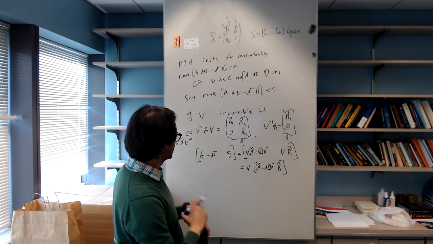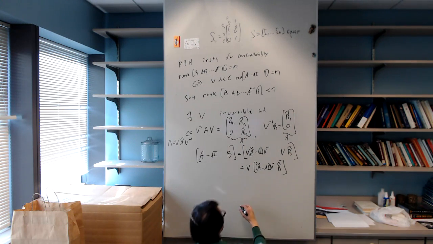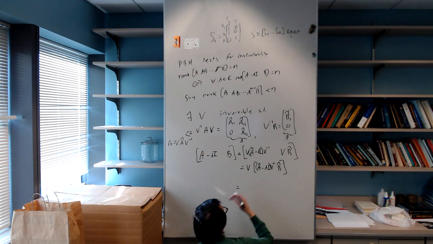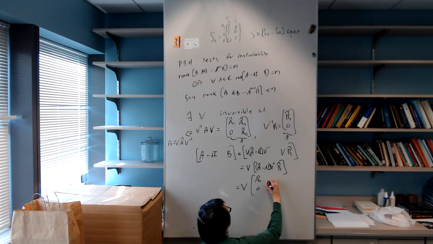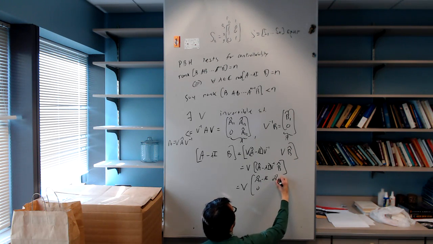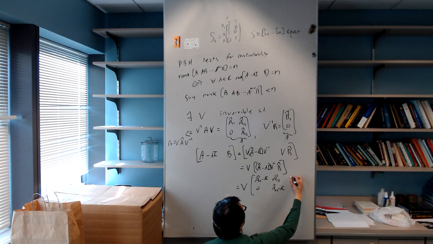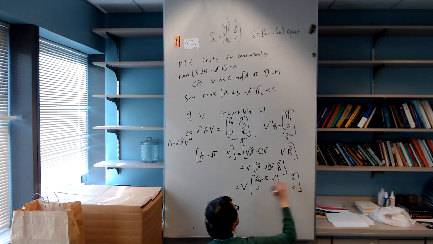Alright, now let's look at this a little bit further. A hat 1 1 minus lambda I, 0, A hat 1 2, A hat 2 2 minus lambda I, B hat 1, 0.